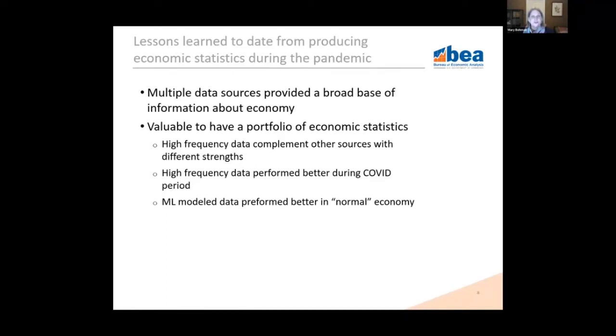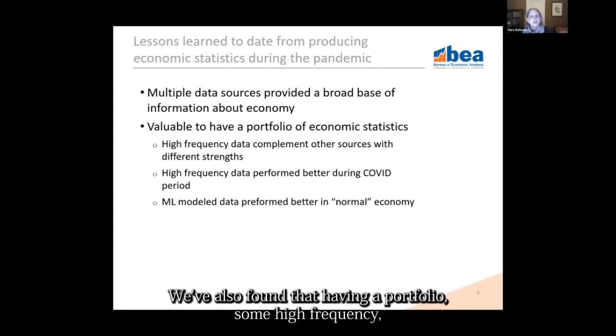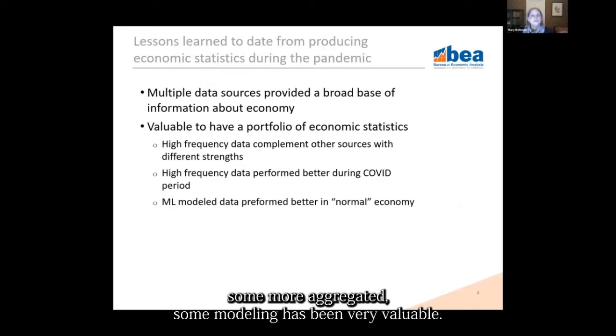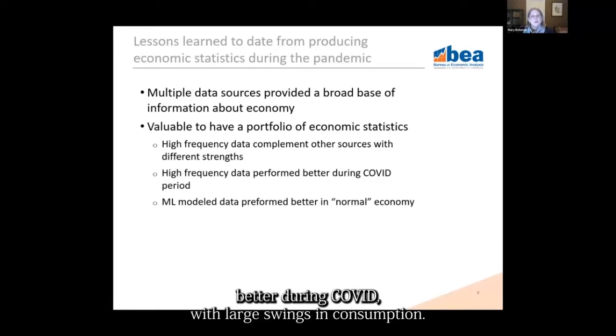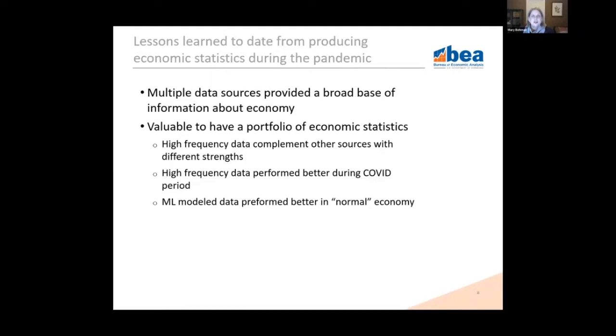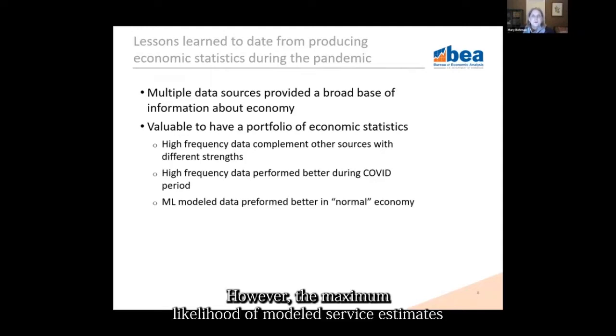We've also found that having a portfolio, some high frequency, some more aggregated, some modeling, has been very valuable. The high frequency card transaction data performs better during COVID with large swings in consumption. However, the maximum likelihood modeled service estimates provided better information in a normal economy.